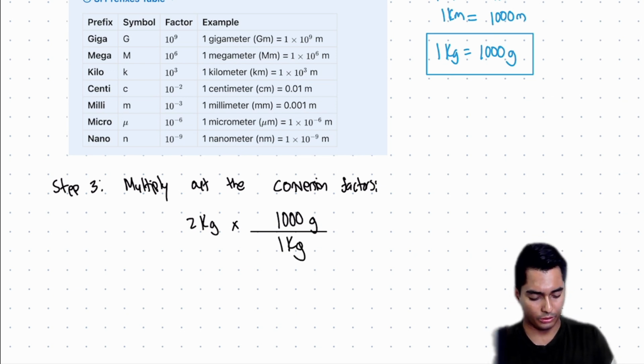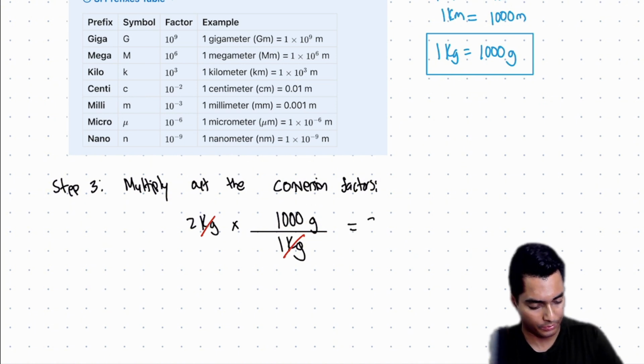Okay. So this time I'm going to cancel out the kilograms. And then write this out here. So 2 times 1,000 is going to be 2,000 grams. And that's going to be our final answer.